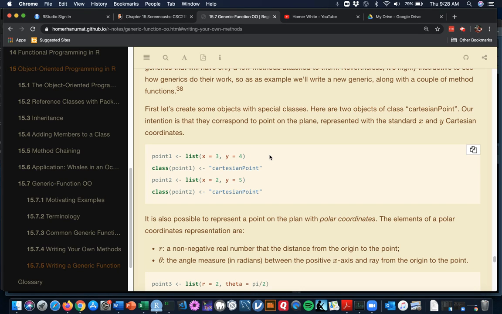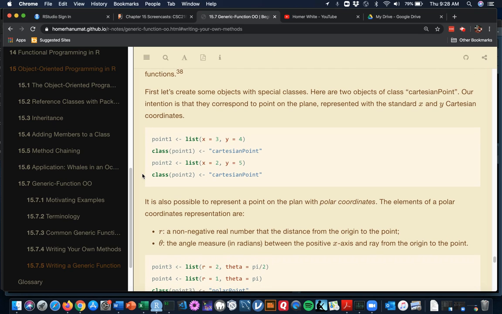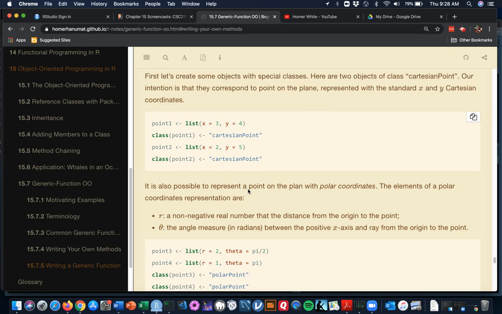So the idea is it's the point (3, 4) on the regular Cartesian plane. I'm saying that the class of point 1 shall be, in quotes, Cartesian point. So I'm just making up a class name for this R object, this simple little list. And point 2 is similarly set up. It's the point (2, 5) on the Cartesian plane.